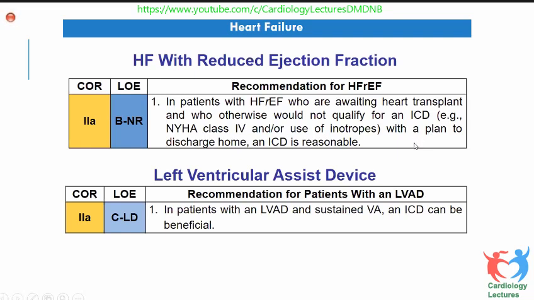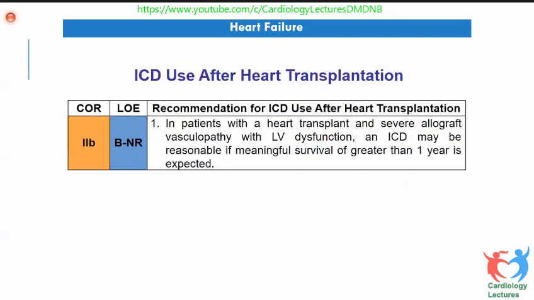It's a 2A, and similarly for a 2A indication, LVAD with sustained ventricular arrhythmia, ICD can be beneficial. ICD use after heart transplant is also listed in patients probably starting to have dysfunctional graft or severe allograft vasculopathy.